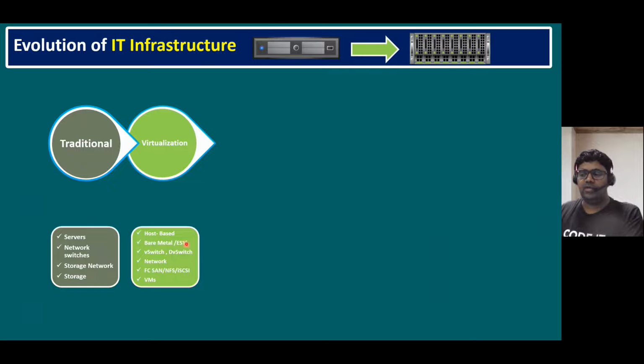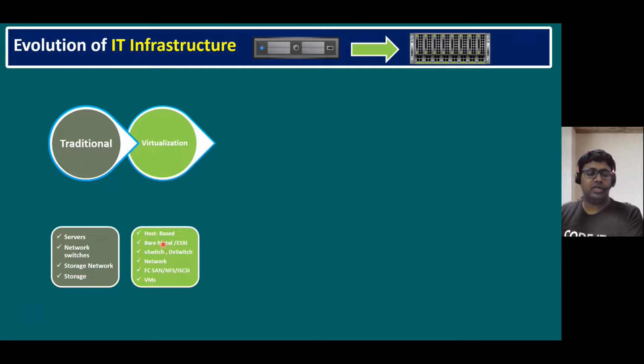Bare metal means we have the ESXi operating system running directly on physical hardware. When we install ESXi on physical hardware, it allows you to create multiple virtual machines. So when we started using the virtualization concept, all our hardware is utilized better, and also our total infrastructure cost is reduced. That is the importance of virtualization.